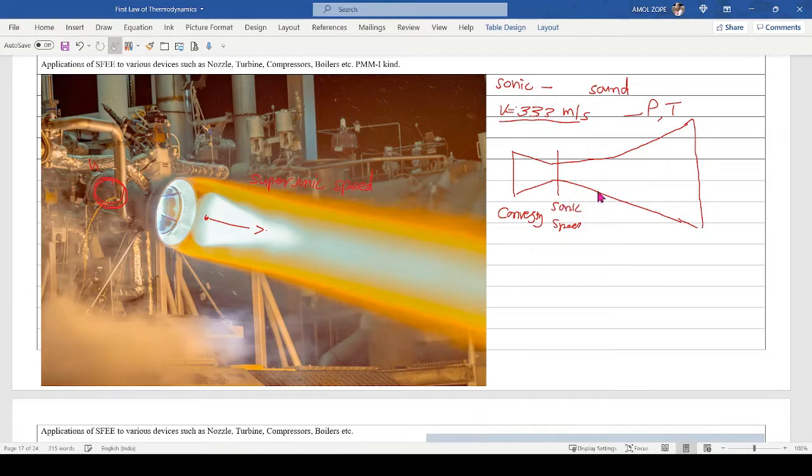But after the sonic speed, as the molecules attain more than the velocity of sound, the same nozzle is diverging. So converging shape, diverging shape.